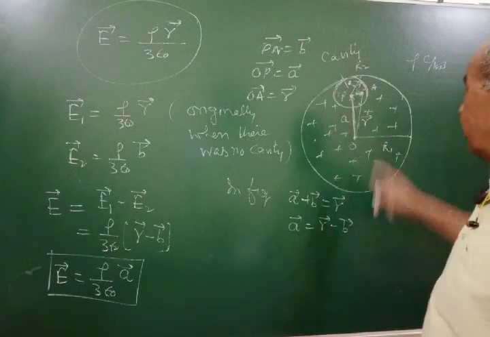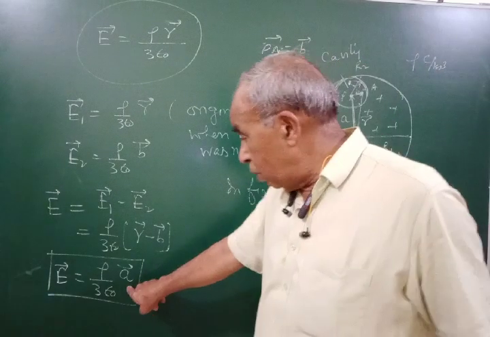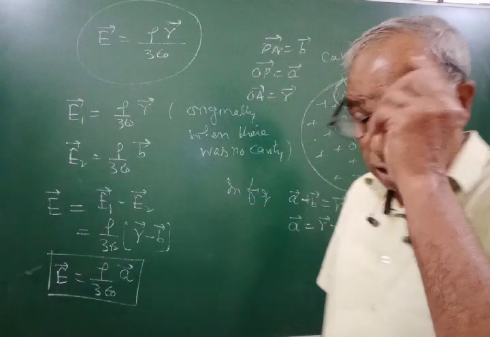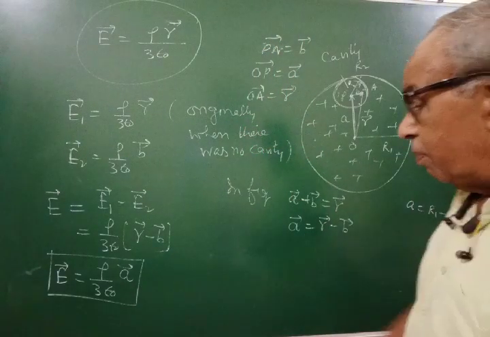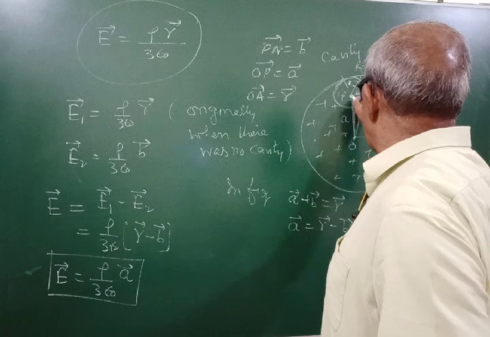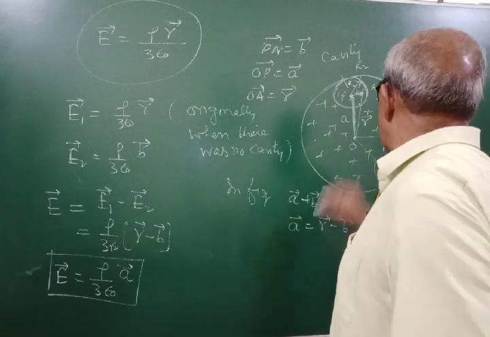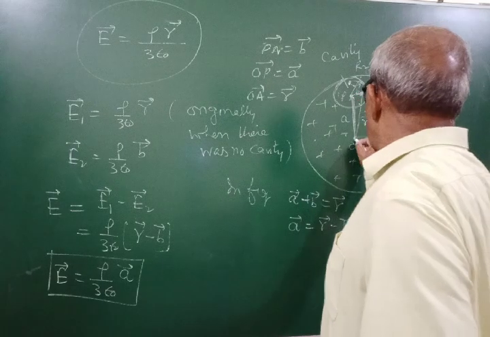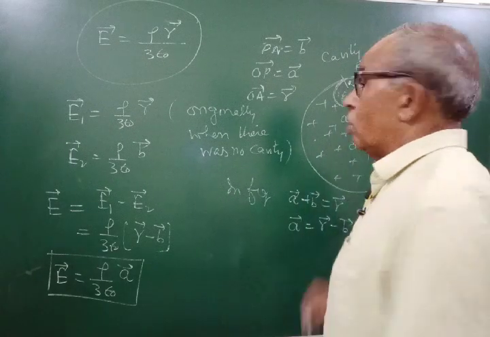The magnitude of the electric field inside the cavity is the same, but the direction depends on vector A. The direction of the electric field inside will depend on the position vector, pointing along vector A.